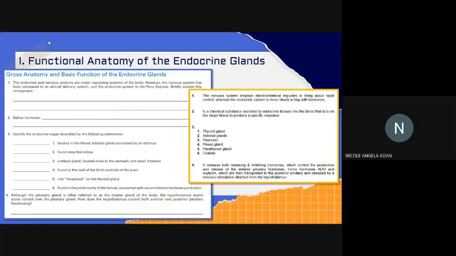So it releases both releasing and inhibiting hormones, which control the production and release of the anterior pituitary hormones. It forms hormones ADH and oxytocin, which are then transported to the posterior pituitary and released by a nervous stimulation directed from the hypothalamus.